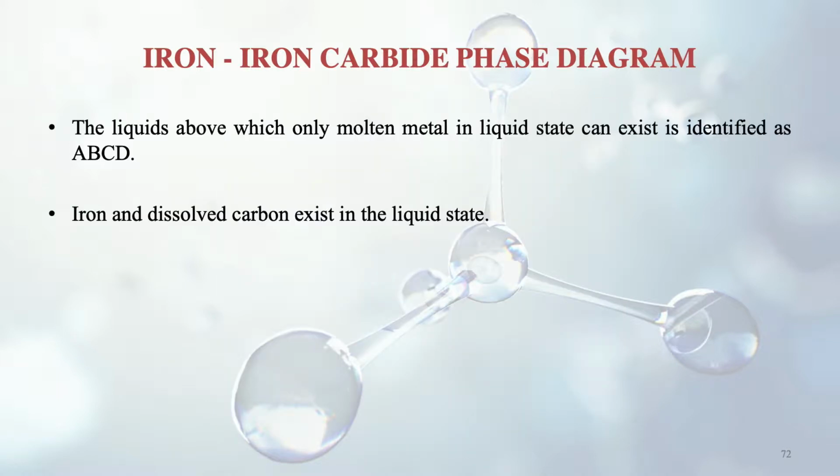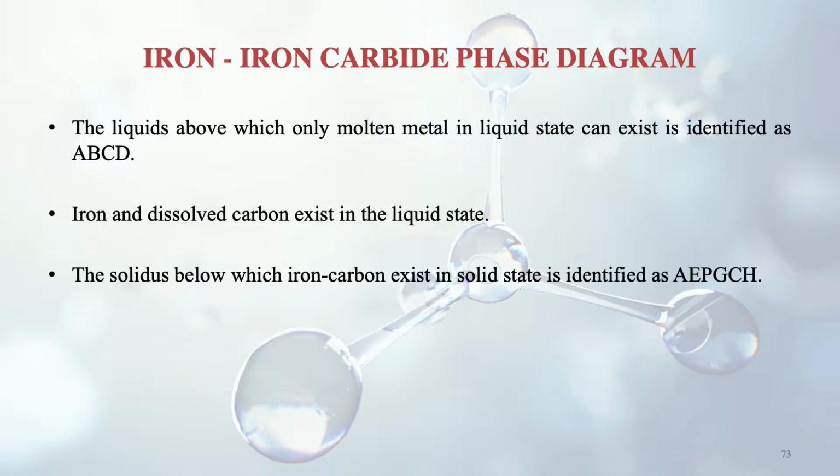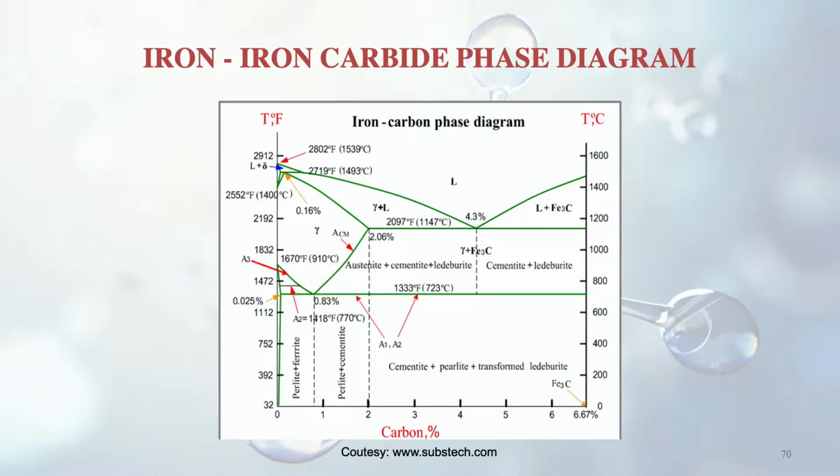Iron and dissolved carbon exist in the liquid state. So what are the constituents in this liquid state? Iron and dissolved carbon. The solidus, below which iron carbon exists in solid state, is given by the portion A, E, P, G, C, H. See carefully in the diagram, the alphabets A, E, P, G, C, H. Below this portion everything is solid.